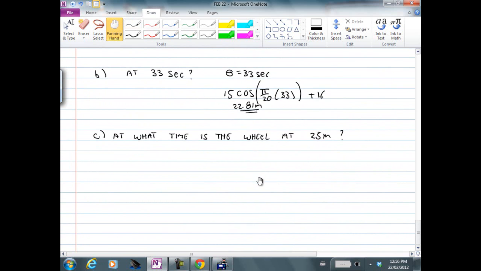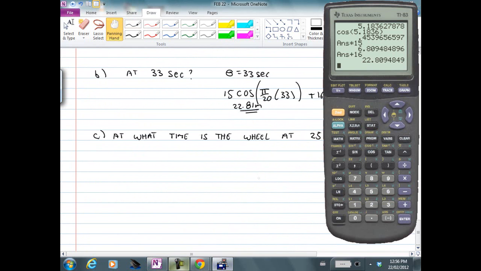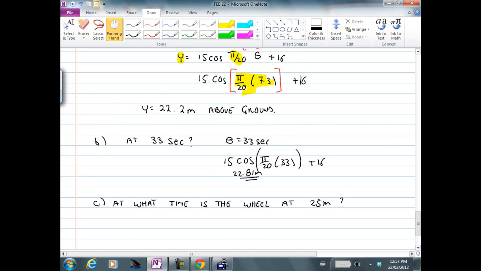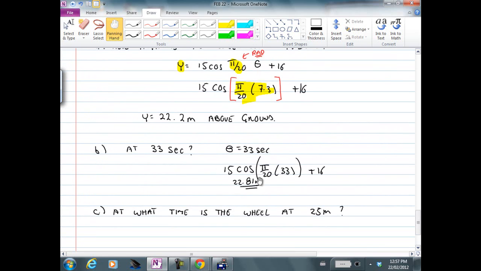In this question, it's asking you for theta. So again, I go back to my formula, the formula I started with. Y equals 15 cos pi over 20 theta plus 16. Now, I'm looking for theta this time because I'm asking you at what time.